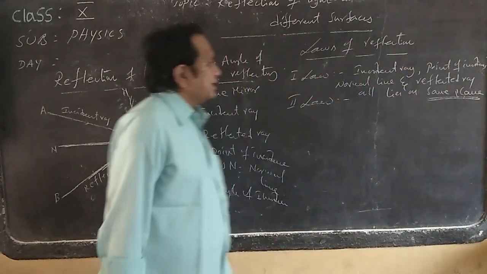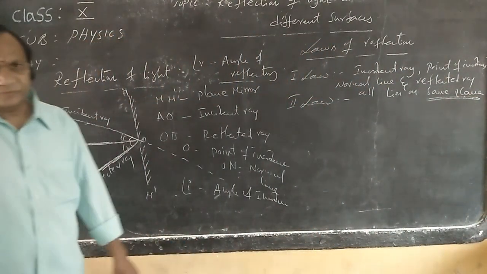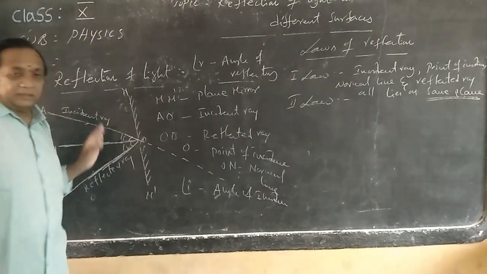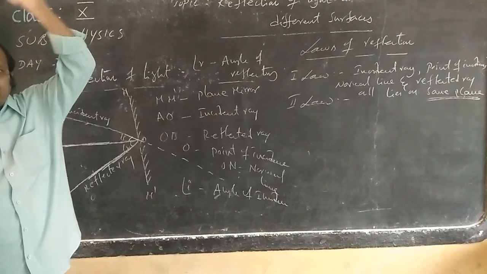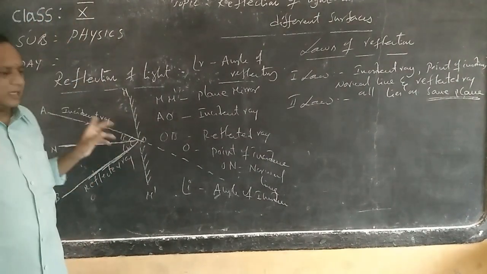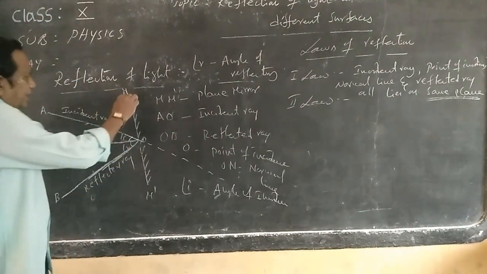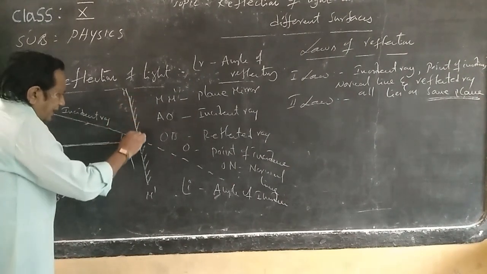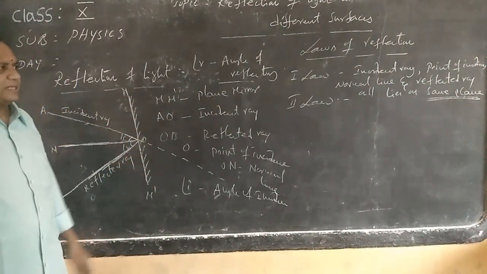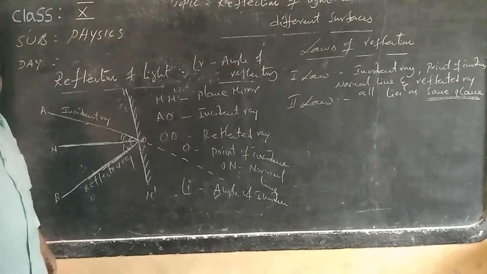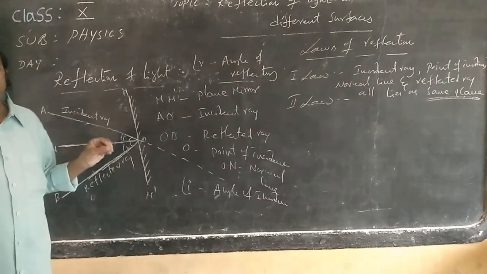This is called the first law of reflection. Remember, it does not happen that the ray falls at one point and the reflection takes place at another point. Compulsorily, they are all in one plane. That is the first law.